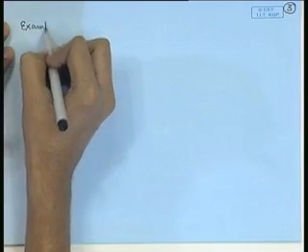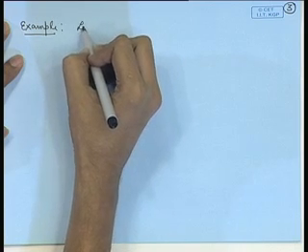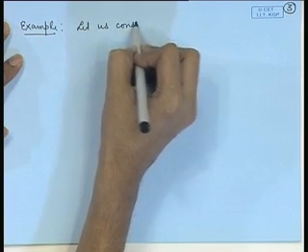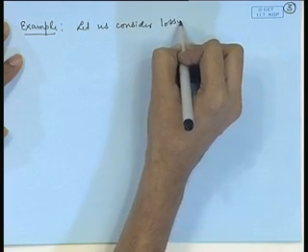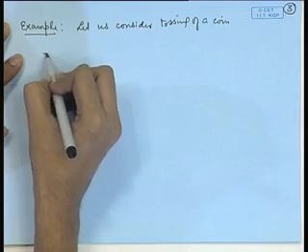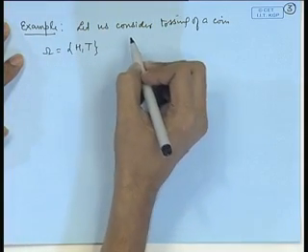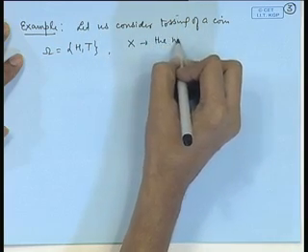Let us consider, say, tossing of a coin. Let us consider the random experiment of tossing of a coin. So, the sample space is here H, T. We define the random variable X as the number of heads.